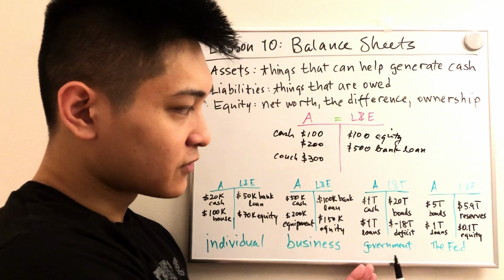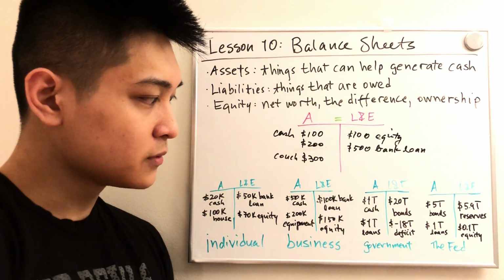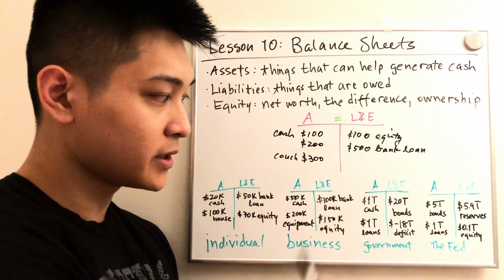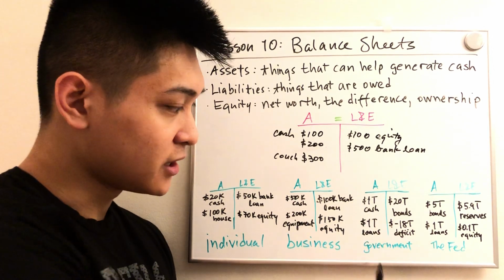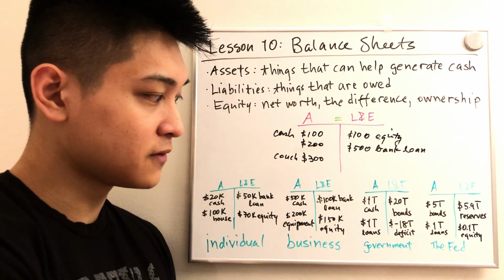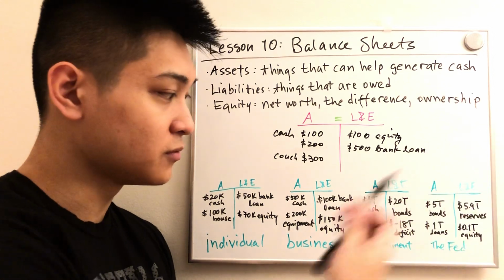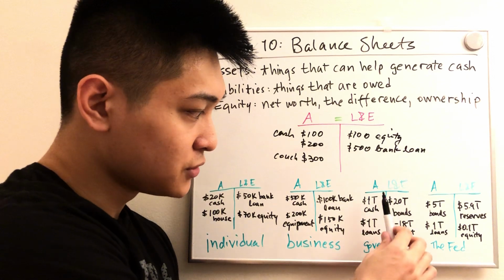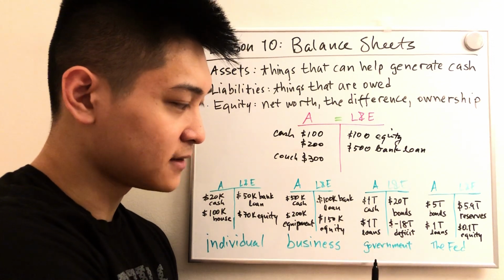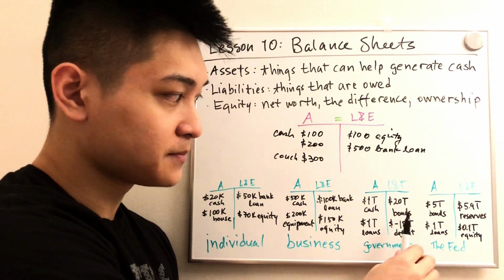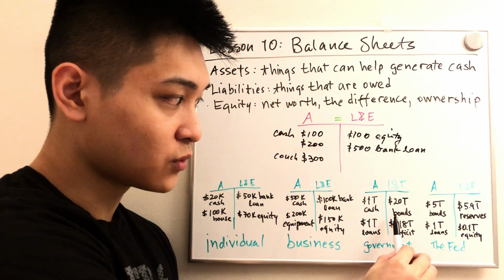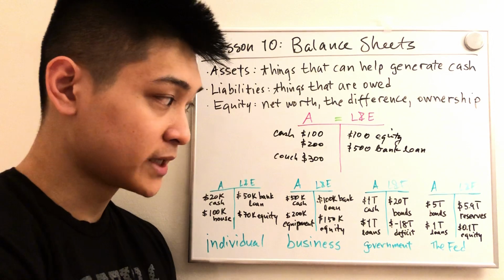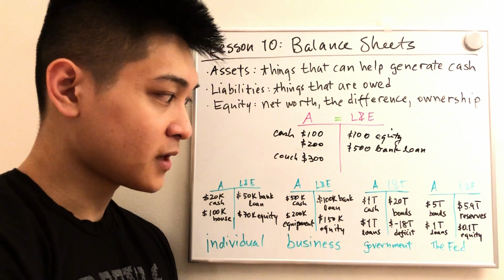Here I've drawn out a government. So the government in this case has $1 trillion of cash and $1 trillion of loans that it's made to people in the economy. And to fund those assets, it has issued $20 trillion in bonds or borrowings from the public.